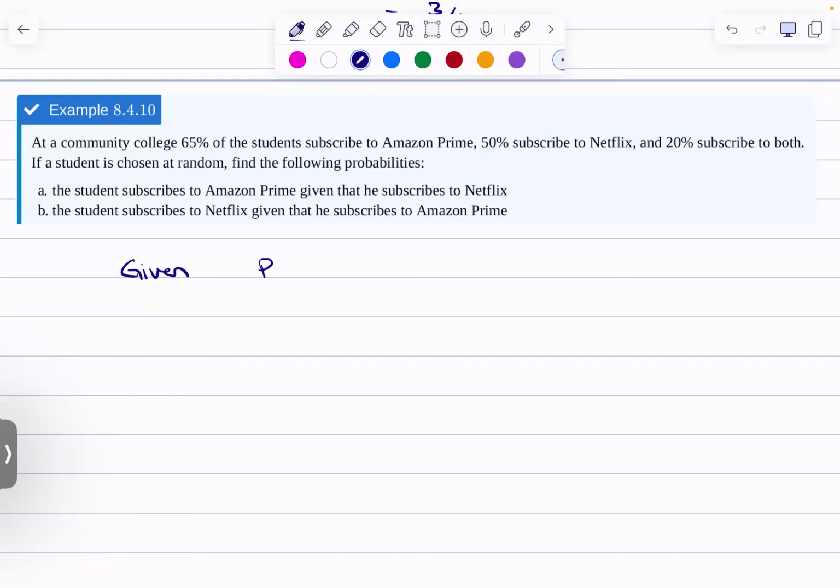And the probability of P and N, which of course is the same as the probability of N and P, right? If you think about it that way, then it's really obvious that they're the same, but I'll write them down, is 0.20, right? They subscribe to both.